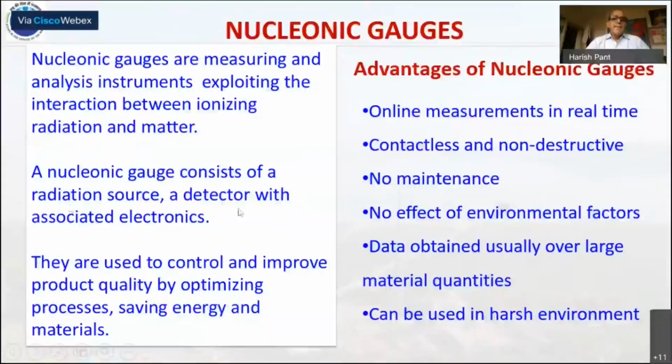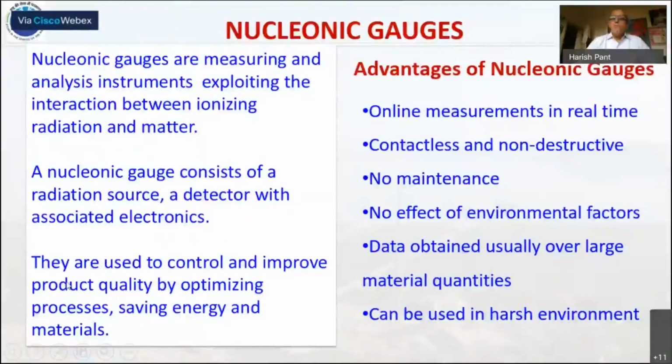A nucleonic gauge is a device which consists of a radiation source, a detector, and the associated electronics. These gauges are very commonly used in industry to control and improve product quality by optimizing the processes, saving energy and material.